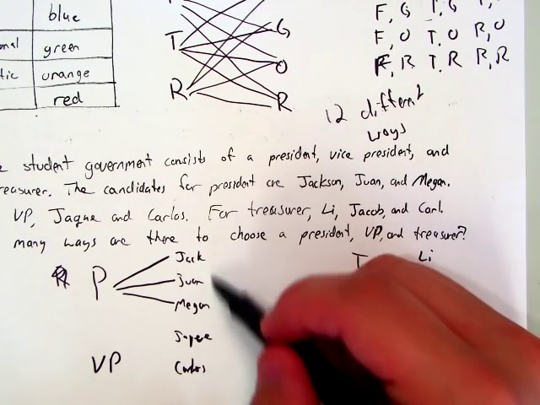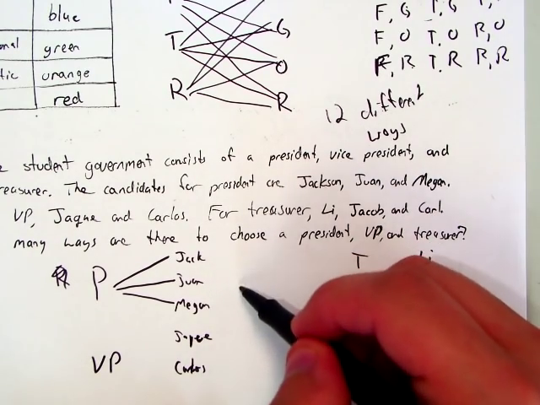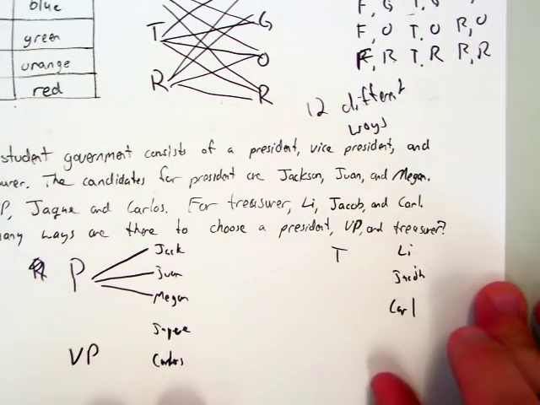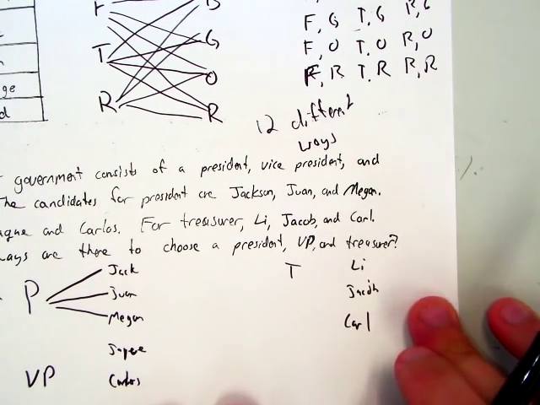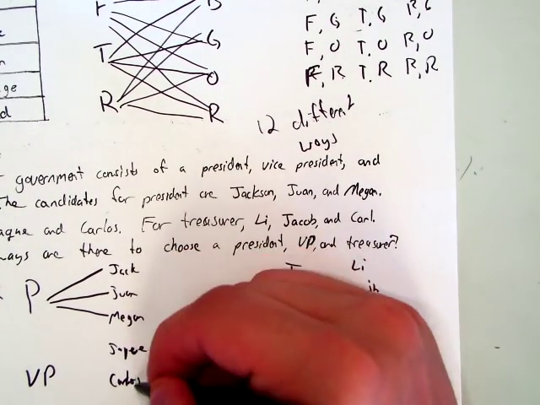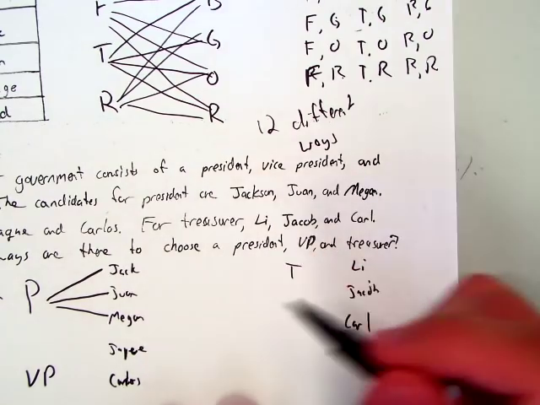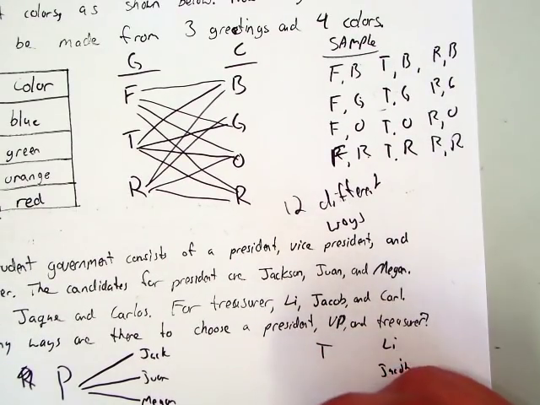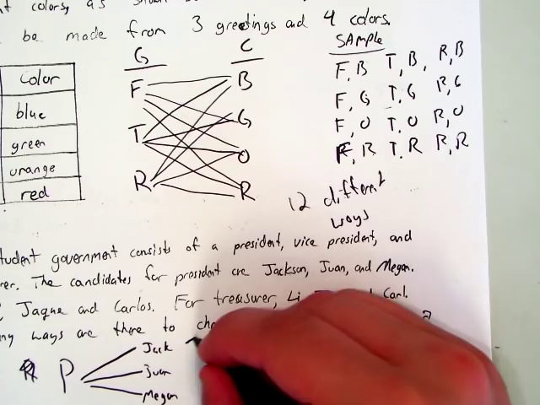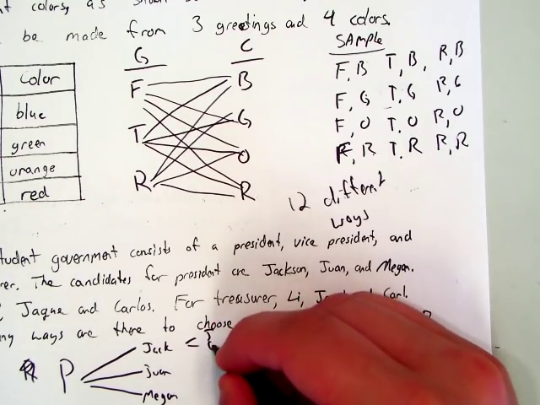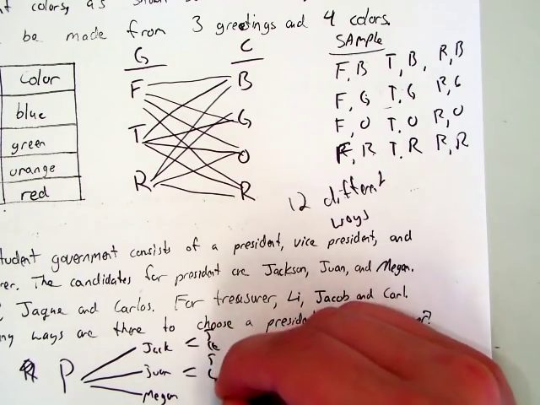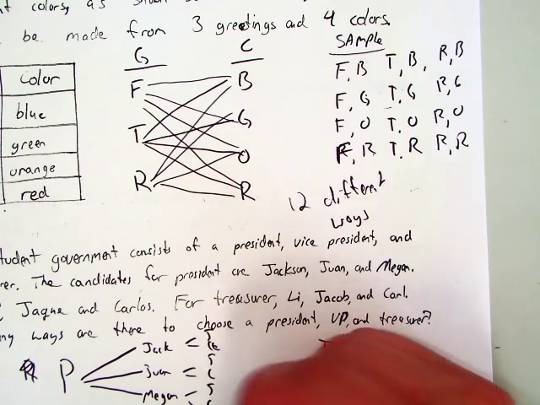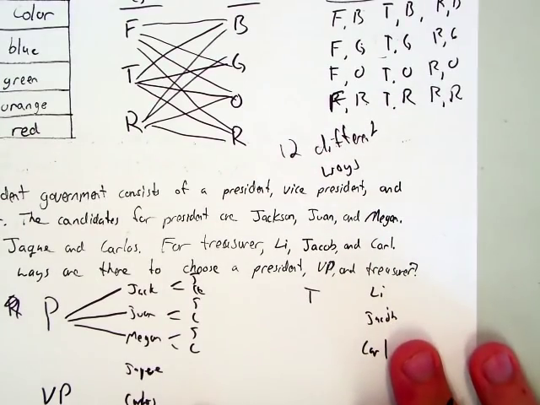So just based off of those three, we now have 1, 2, 3, 4, 5, 6 options. Because Jackson could have these two, Juan could have these two, and Megan could have these two. So now we're up to 6 items.